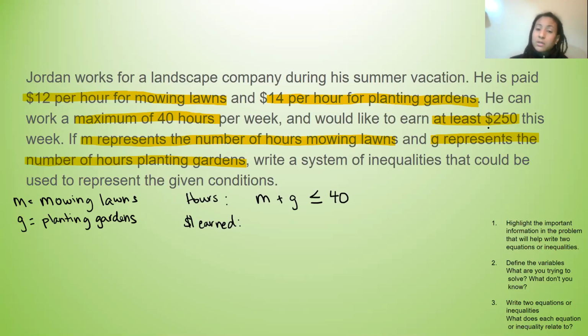What's the quicker way to solve that? You would do 12 times 3, okay? So we have 12M plus 14G, and we know that we're going somewhere around 250. So once again, what does the words at least mean?